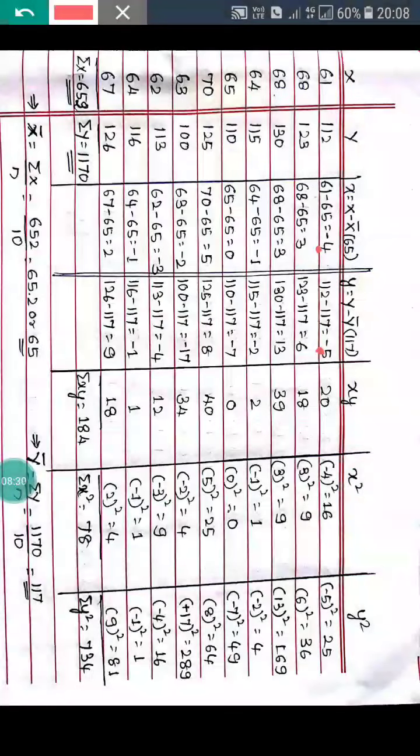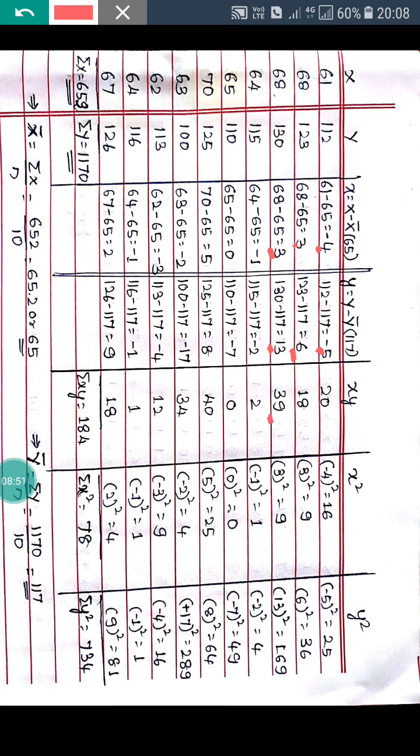Next, 3 into 6, the x value is 3 and the y value is 6, that is 18. Next, the x value is 3 and the y value is 13, equals 39.